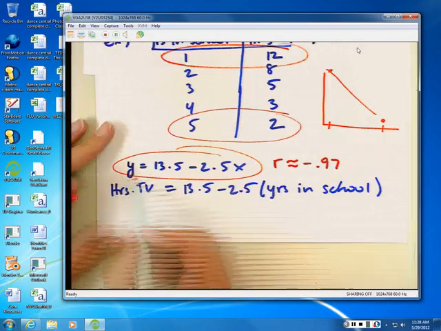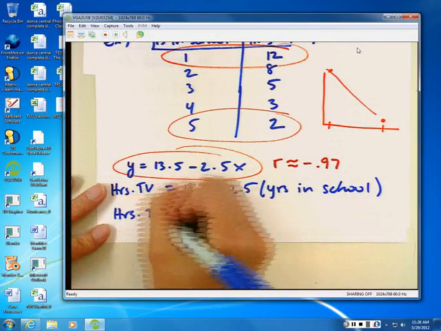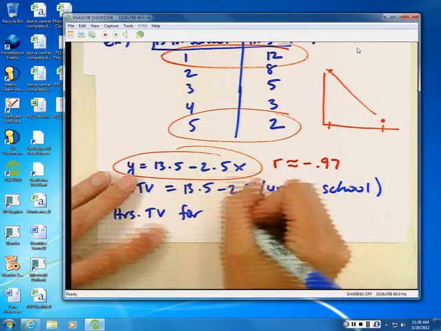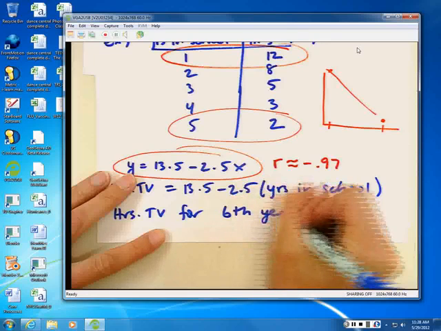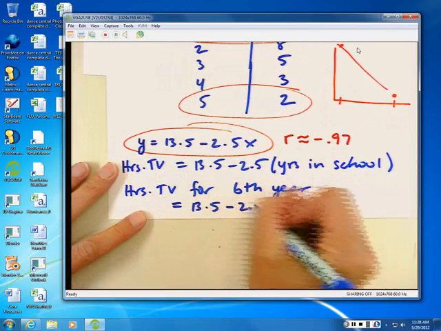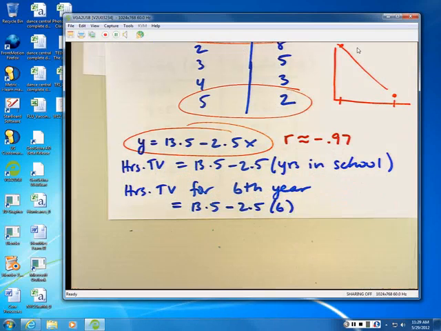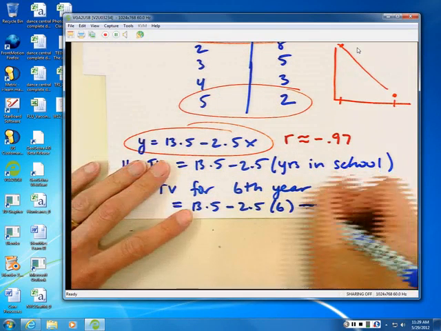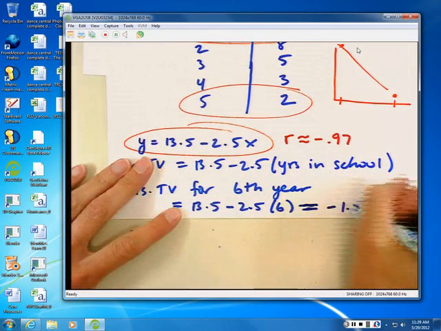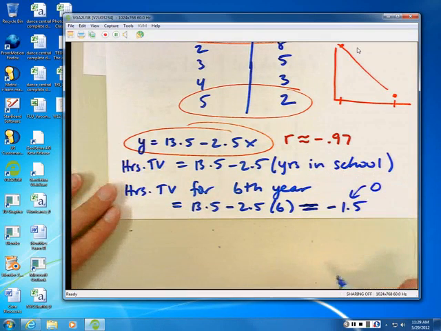If I use my regression equation to do an estimation, hours of TV for the 6th year in college is going to be 13.5 minus 2.5 times 6. So I'm just going to verify what the computer gave me. 13.5 minus 2.5 times 6. And there it is. We got negative 1.5, which we're going to call 0 because you can't watch negative 1.5 hours of TV.